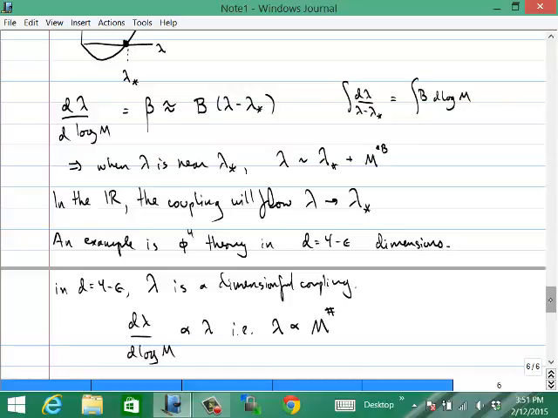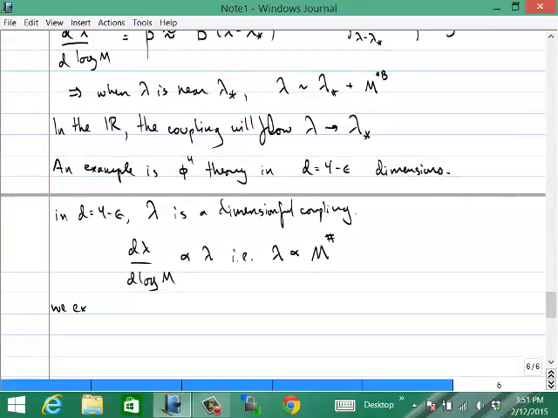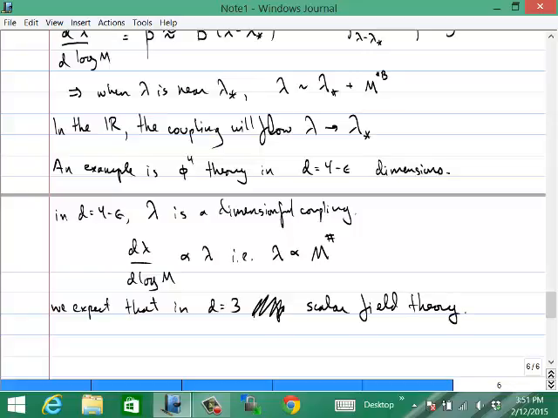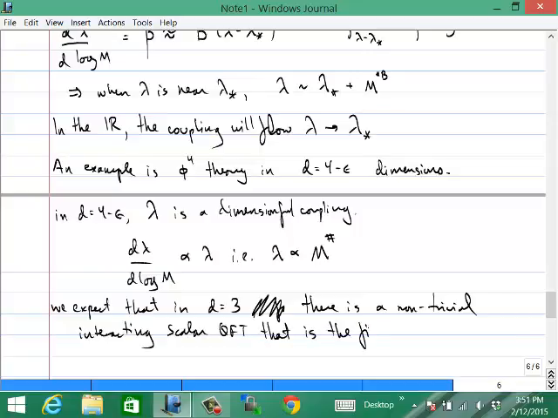So given that, we expect that in 3 dimensions, there is a non-trivial interacting scalar quantum field theory, which is the fixed point of the renormalization group flow of phi to the 4 theory.